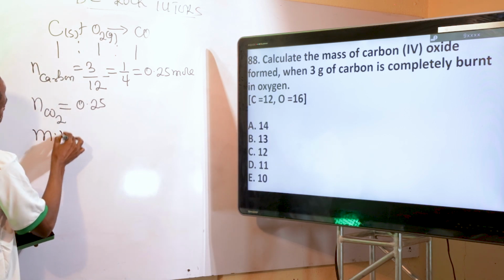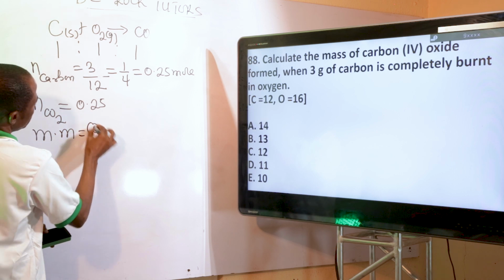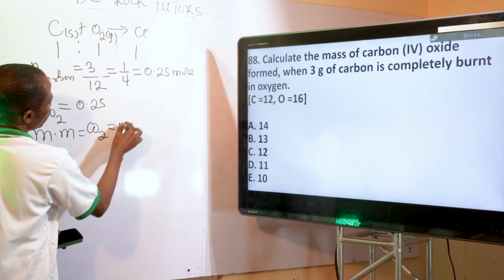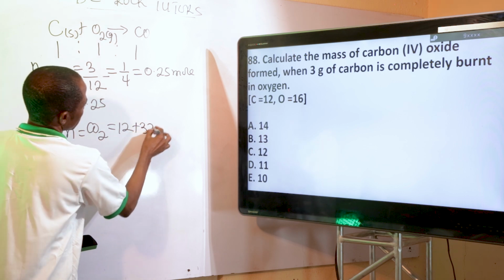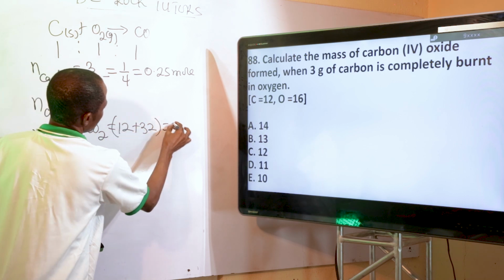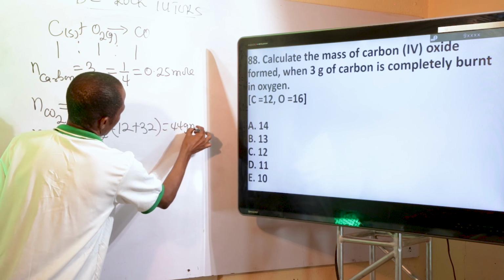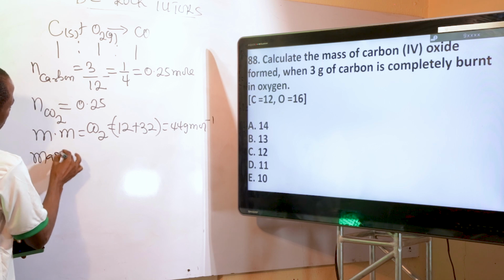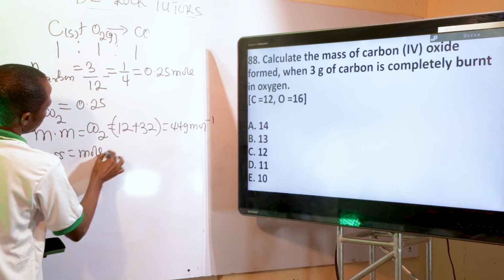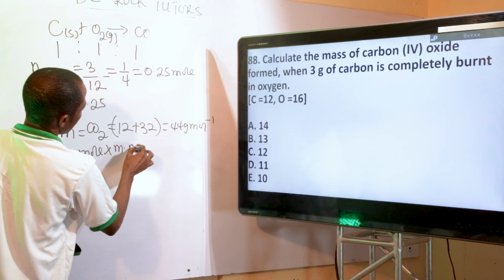What is the molar mass of CO2? Molar mass of CO2: carbon is 12, oxygen is 16, 16 times 2 is 32. So if we add it together, that gives us 44 grams per mole. So we know that mass is equal to the number of mole times the molar mass.